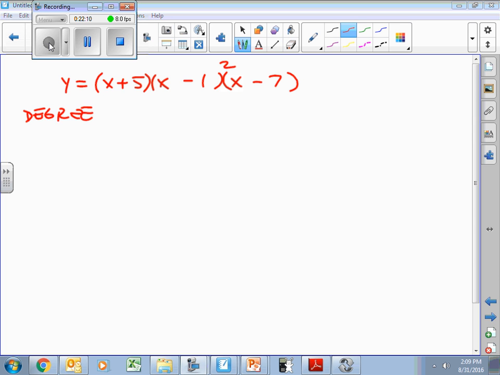Now this problem is pretty important. Degree, orientation, solutions, how many there are, the zeros, this part becomes really important. Zeros, x-intercepts, solutions.